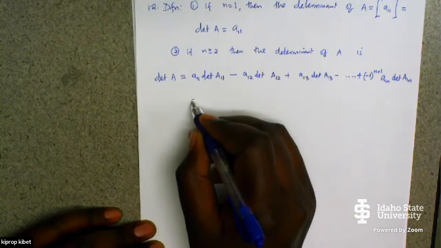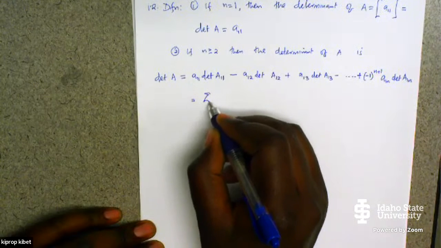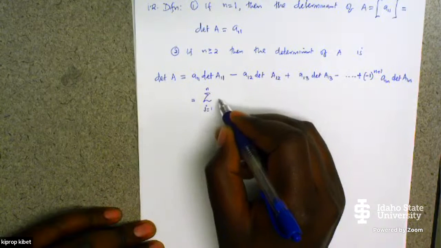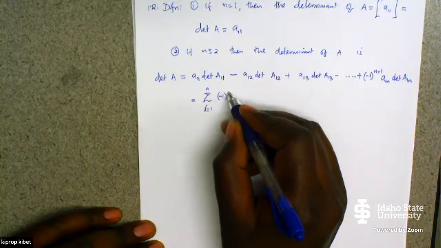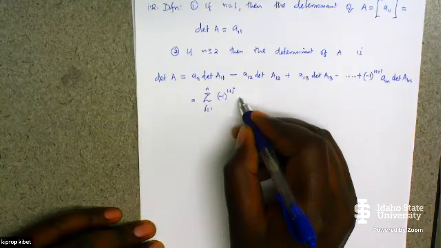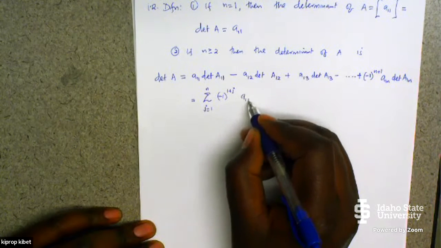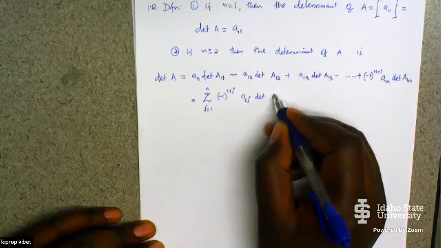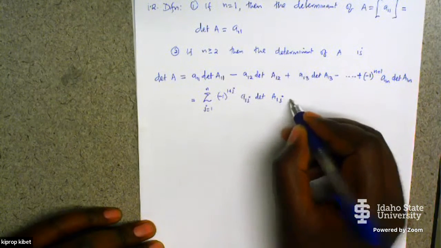So this is the same as the summation from j equals 1 to n of negative 1 raised to 1 plus j, A1j, determinant of A1j.